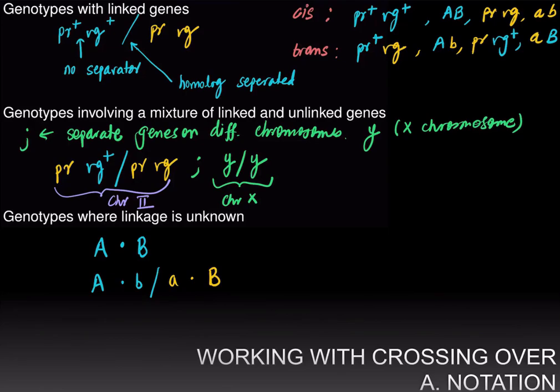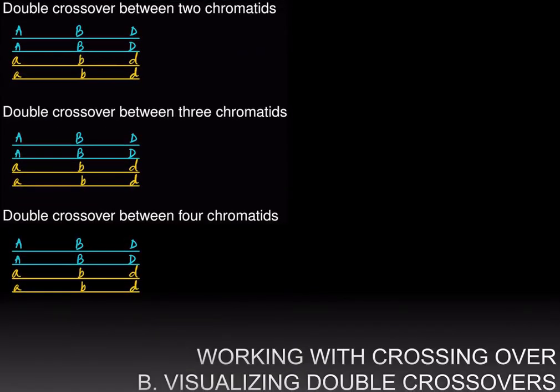Next, let us work with visualizing double crossovers between 2 chromatids or 3 chromatids or 4 chromatids, and writing down the genotypes resulting from these double crossovers.